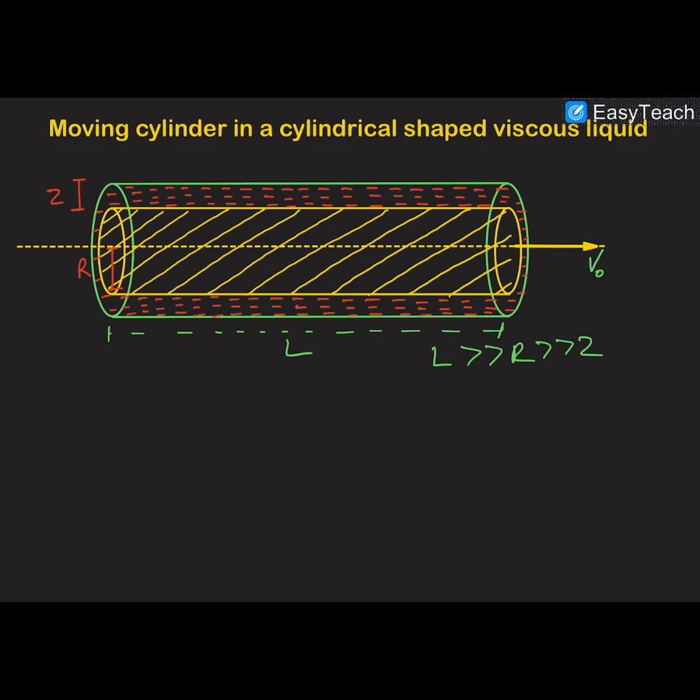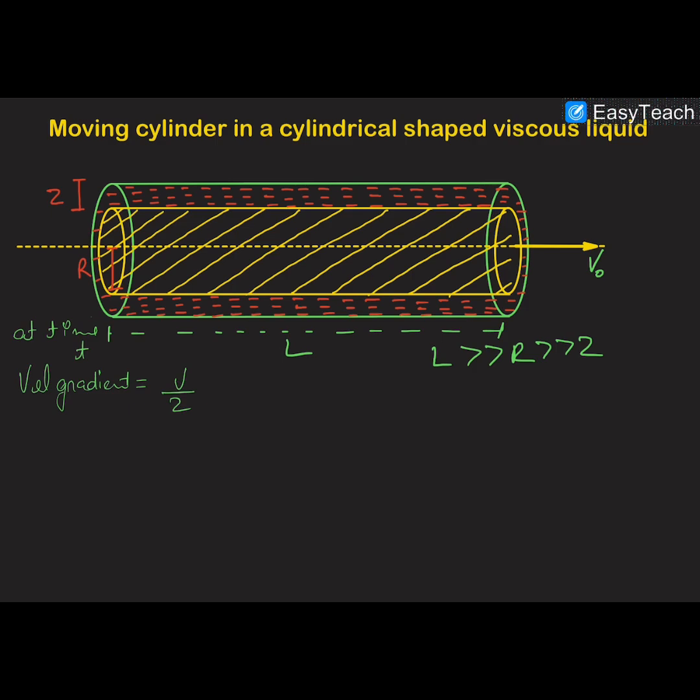So for that, let us first of all discuss the velocity gradient. As the thickness of the oil layer is very small, the velocity gradient will be almost constant, and it will be equal to v by z, because at any time t, the velocity will be equal to v, which would be less than the initial velocity.